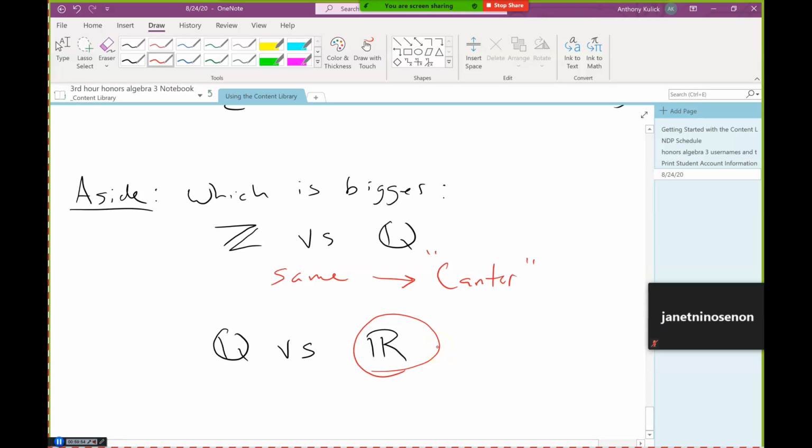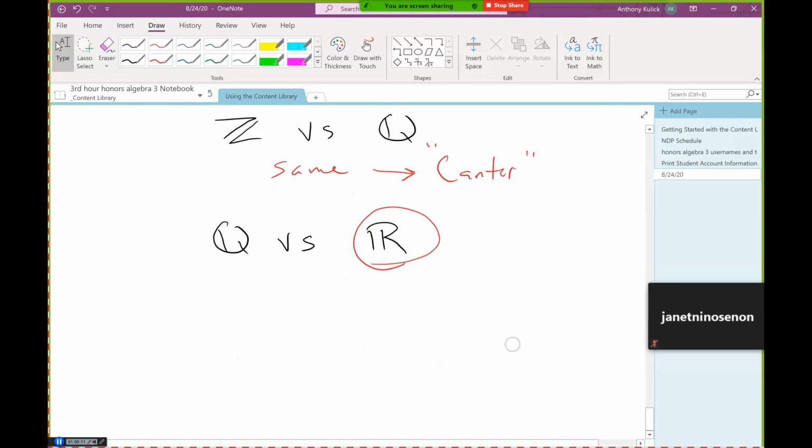Up until this point, we hadn't found an argument to show that there were different sizes of infinity. This was the first time that happened, which was really kind of shocking to the mathematics community. But this one is definitely bigger.